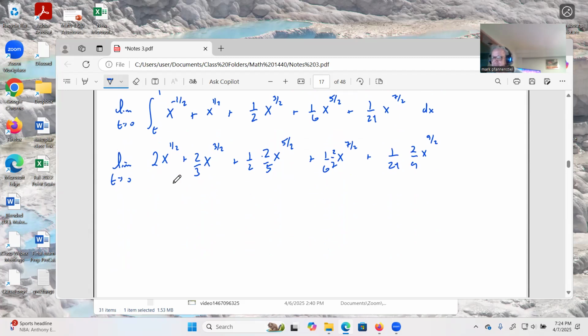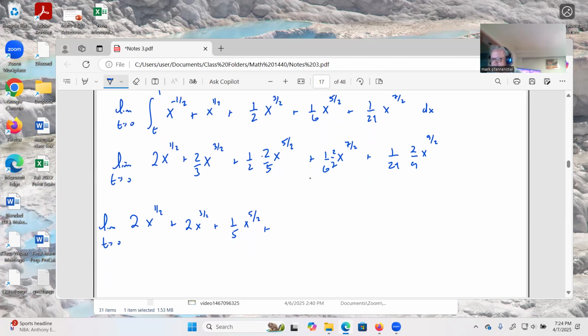Let's clean this up a little bit. So we have the limit as t goes to 0 of x to the 1/2 plus 2x to the 3 halves plus 1/5 x to the 5 halves plus, if I can read my own writing here, this was 1/6, and I think this is 2/7.